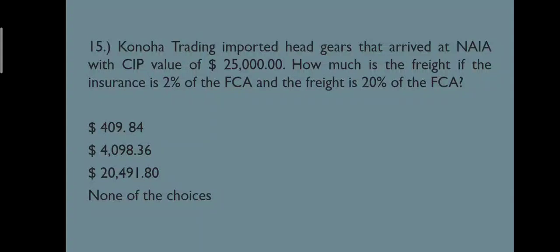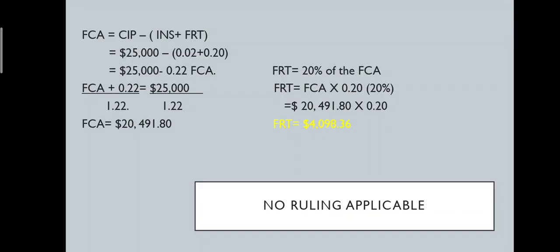Konoha Trading imported headgears that arrive at NAIA with CIP value of $25,000. How much is the freight if the insurance is 2% of the FCA and the freight is 20% of the FCA? So gipangita diri ang freight. Kay wala man tay FCA guys.